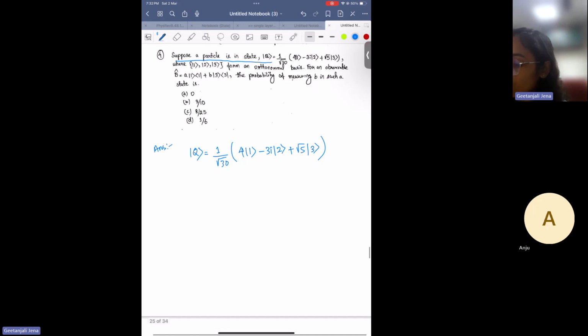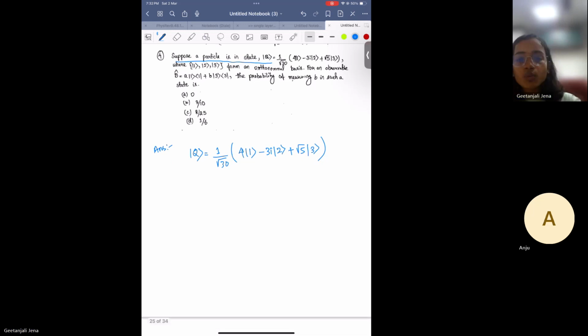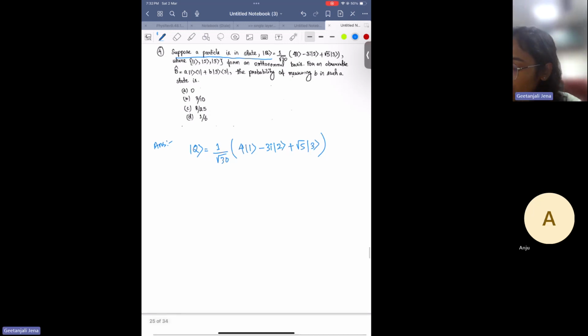So this is given to you, and |1>, |2>, |3> are orthonormal bases.